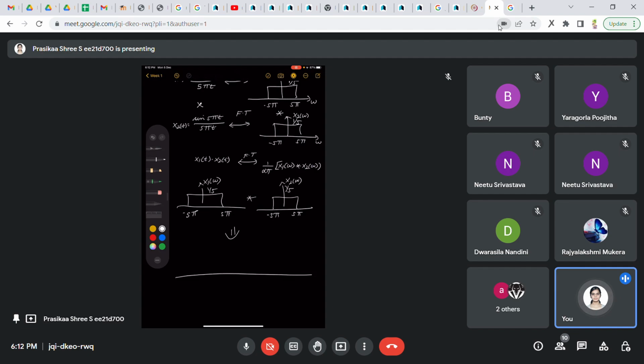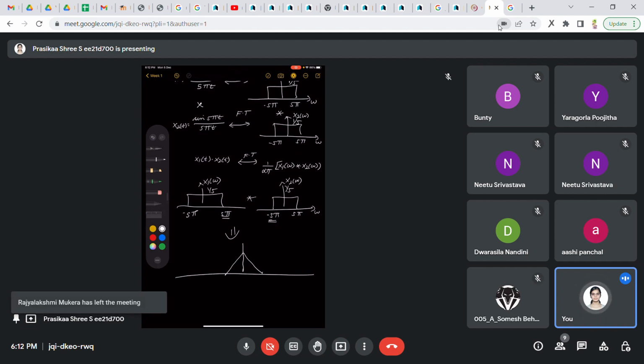You will be getting a triangular pulse, because both these rectangular pulses are identical and they start and end at the same frequency with the same amplitude. When you are convolving two identical rectangular pulses, you will be getting a triangular pulse, whereas if you are convolving two non-identical rectangular pulses, you will be getting a trapezium.